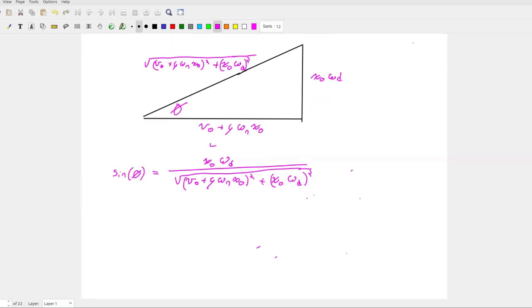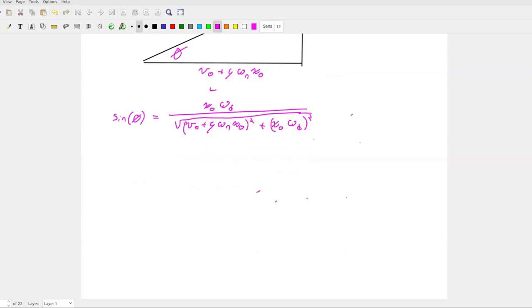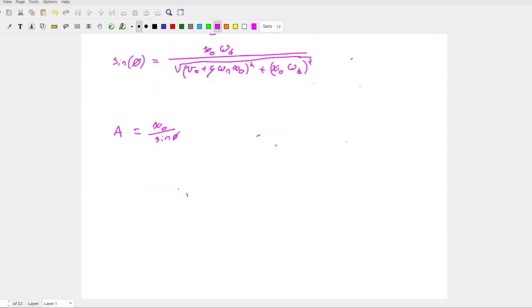And we can apply that to get A equals x naught over sine phi, which we had discussed before, right?